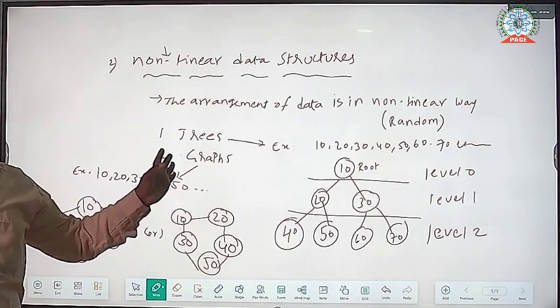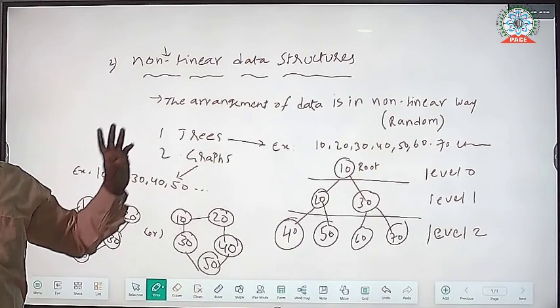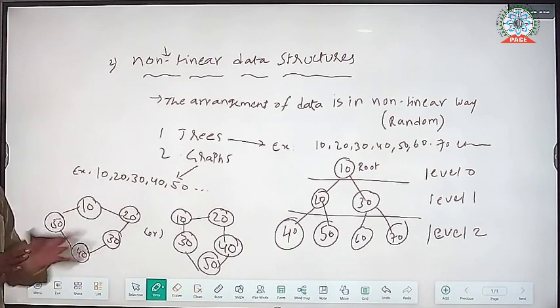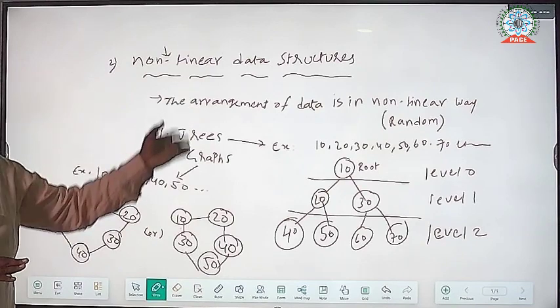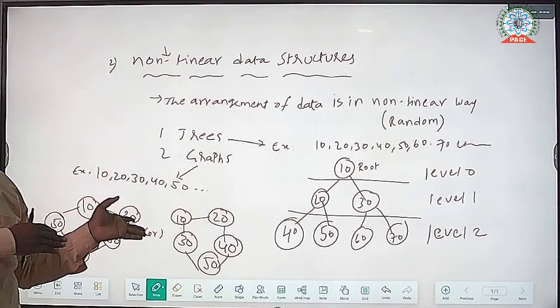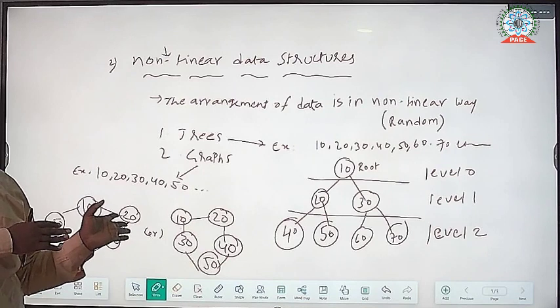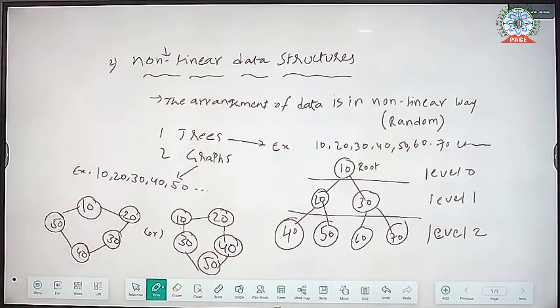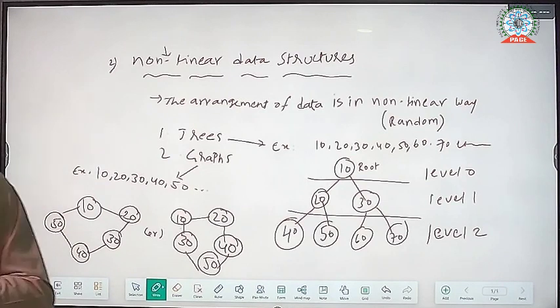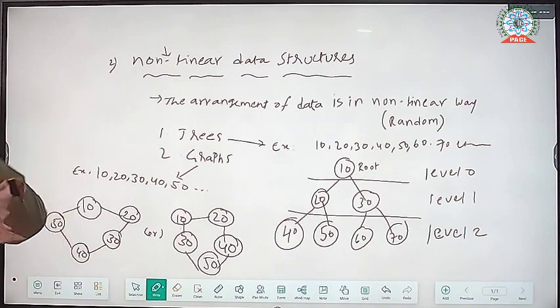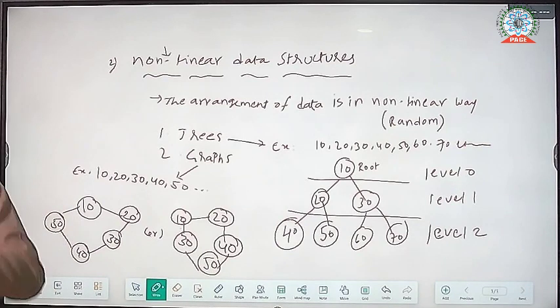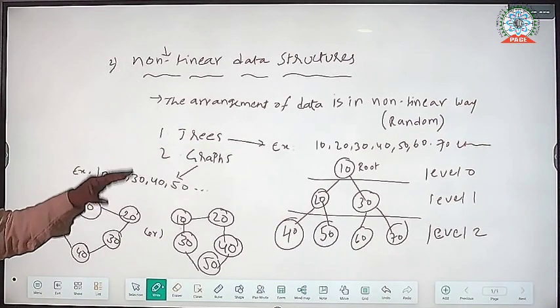I hope you got a brief idea about these nonlinear data structures, and earlier we discussed linear data structures, and at the beginning I discussed what is data structure and classification of data structure. In the classification, we have seen that there are two types of data structures: primitive data structures and non-primitive data structures. In the primitive data structures, we have seen different types of primary data types.